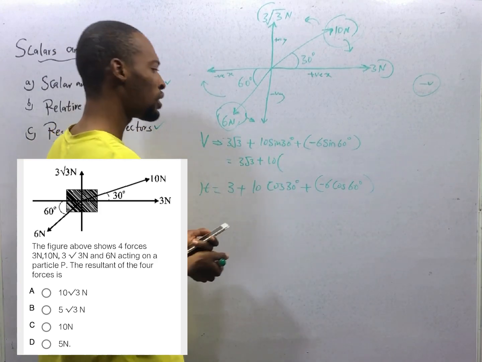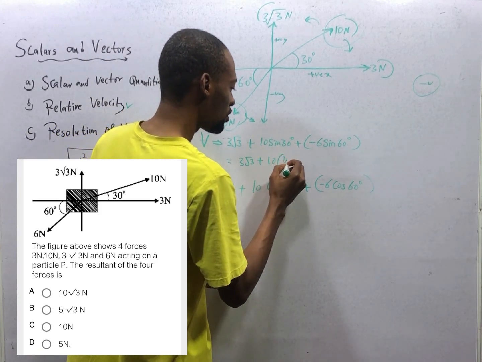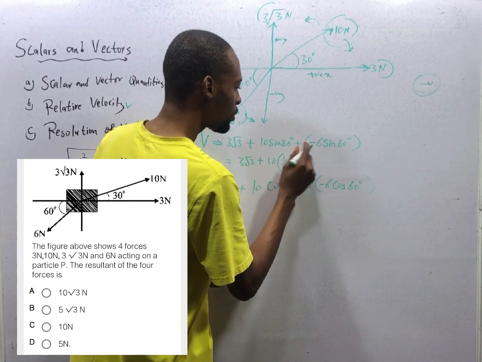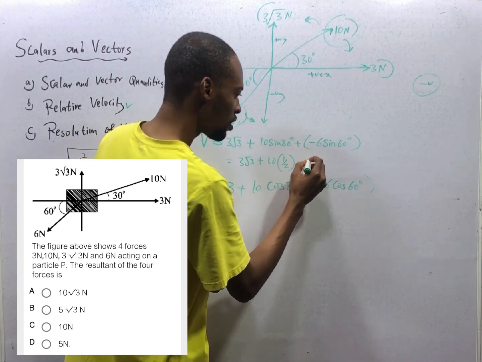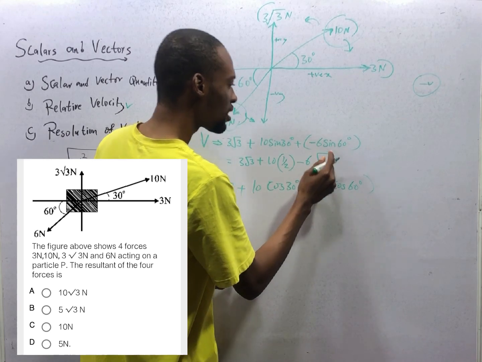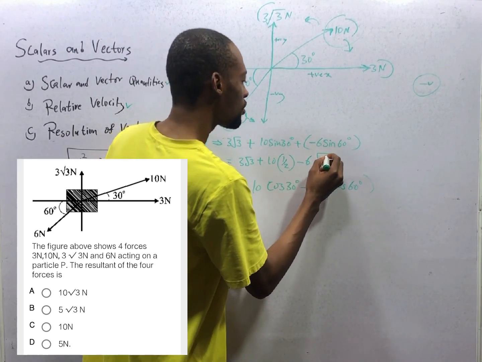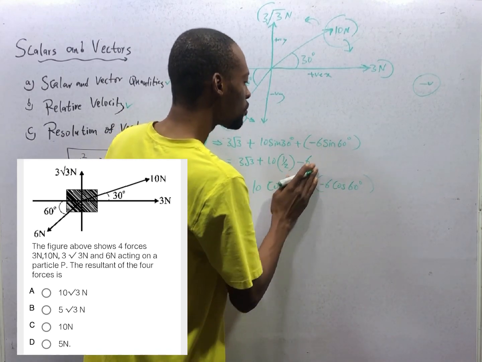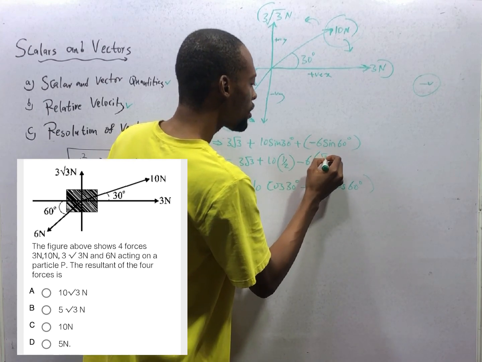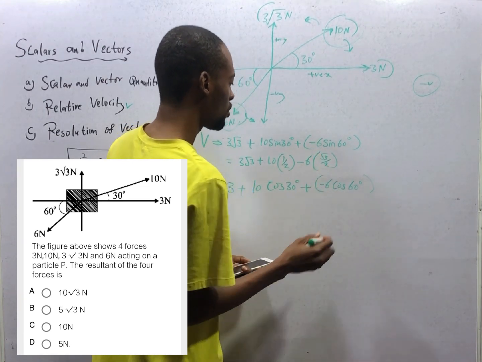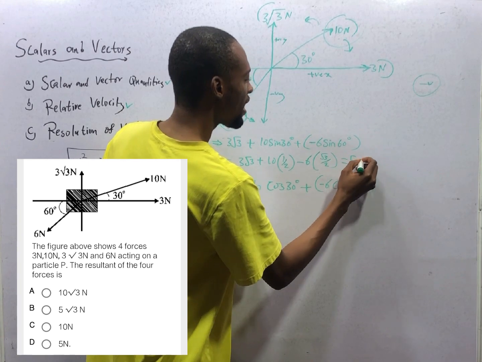Sin 30 is 1 over 2. Plus times minus is minus. So we have 6 times sin 60 is root 3 over 2. This will give you equals 5 Newton.